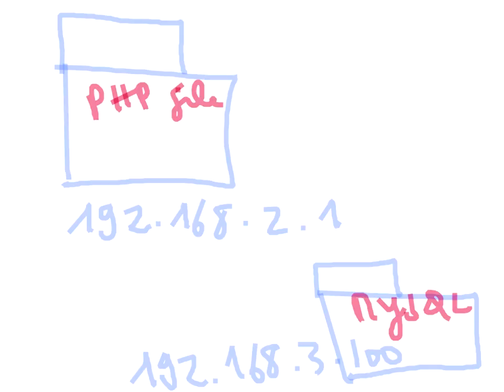So now, in my PHP file, if I want to create a connection from this PHP file to this MySQL server, I have to write in my example here, MySQLi connect, and in the first parameter here, I have to write what?